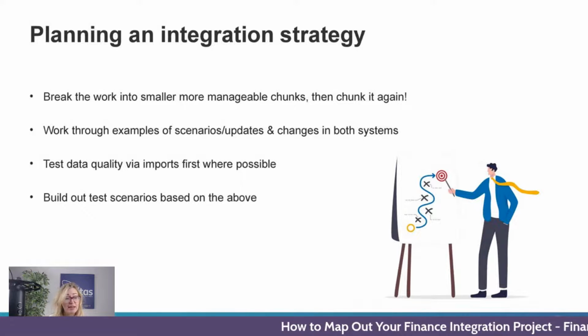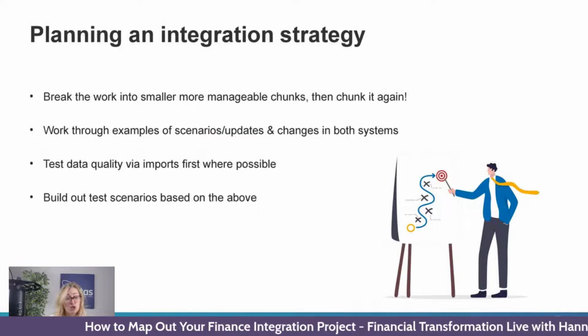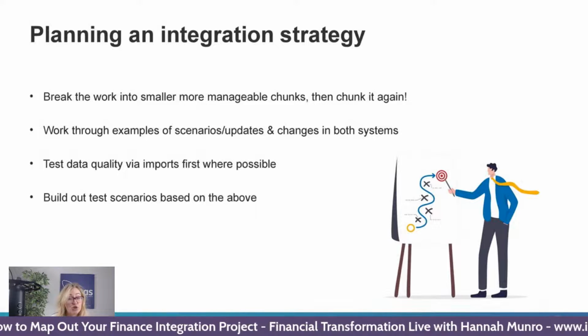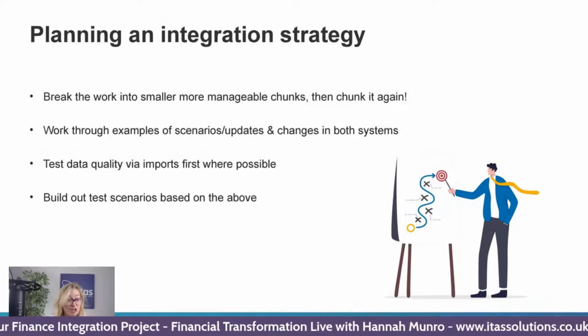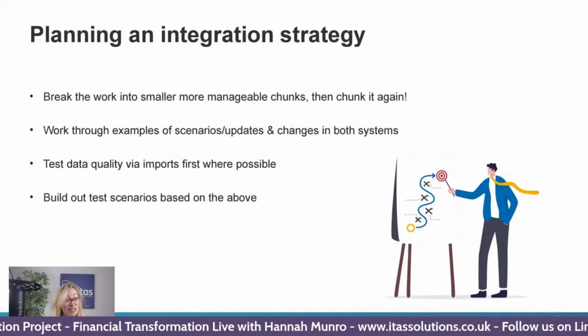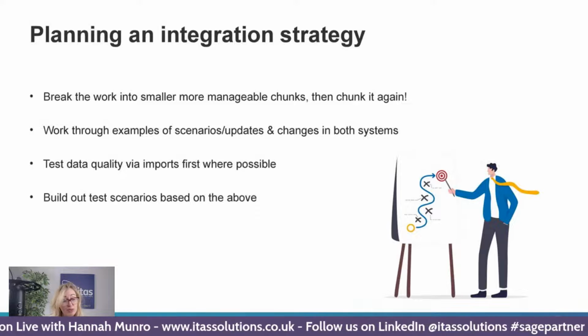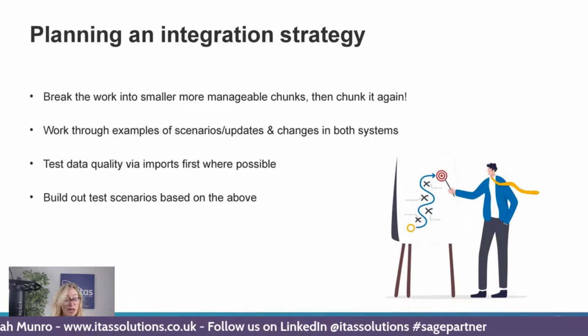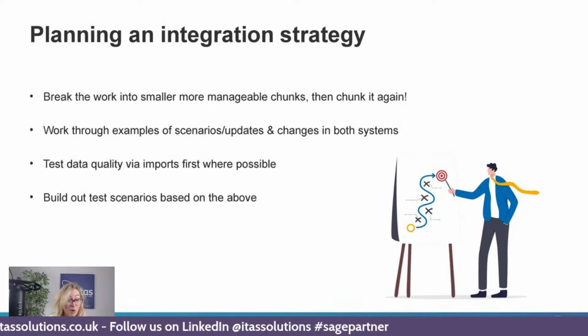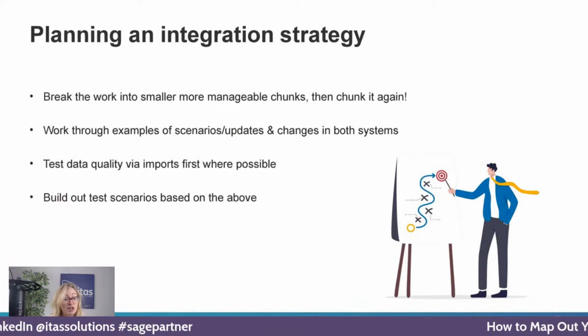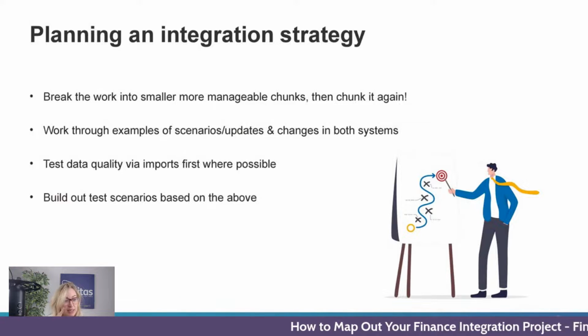So think about what happens and the scenarios in which the data would change, and make sure that your data strategy, your integration strategy, reflects that and gives you the ability to manage or identify those changes, because that's where discrepancies apply and it causes more problems. So in that way, what we say is the ideal scenario is to have a two-way sync, right? And the flag is that the purchase order can be edited.